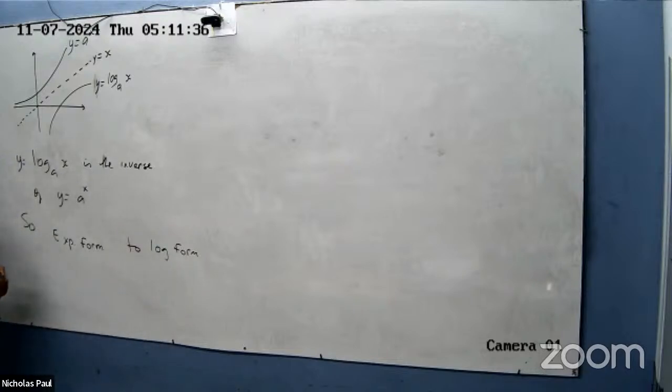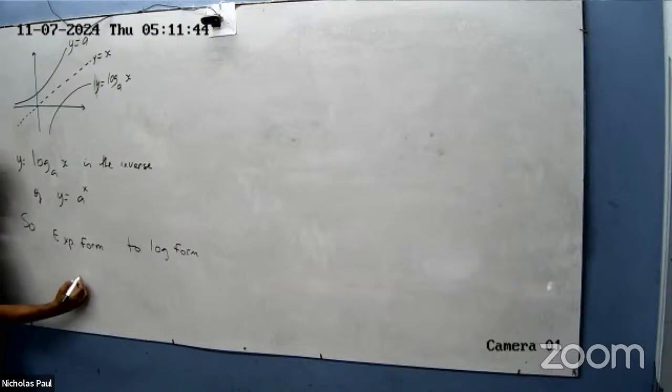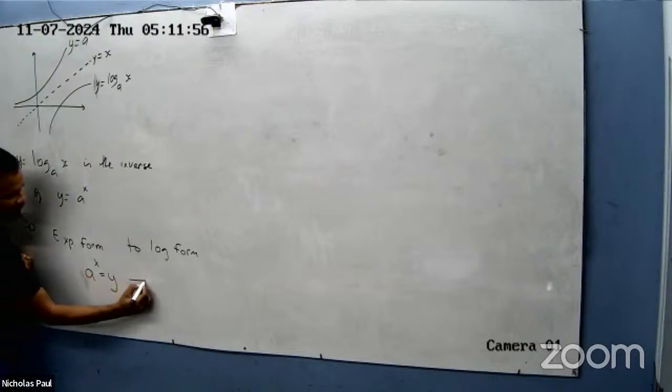So, how do we go from exponential form to log form? All this is maths. If I give you a to the x is equal to y, all I have to do is this.